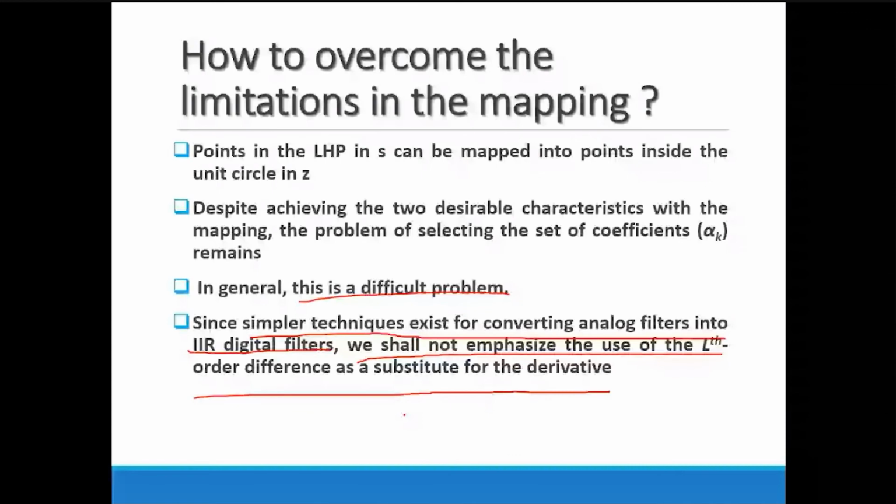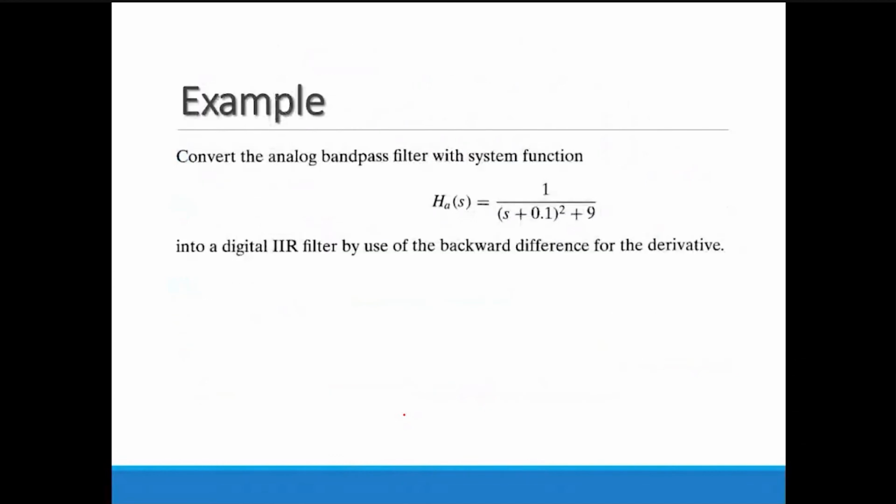Practically also it is possible, but as many simpler methods are available, we don't go for this particular Lth order difference equation. So you have to understand this: in IIR filter design, this method is a theoretical solution. Practical implementation is difficult, so we don't go for this. This is how we can design the high pass filter with the help of this method.